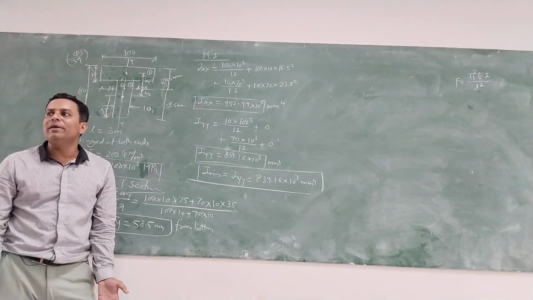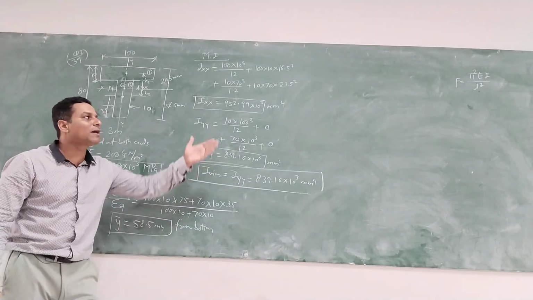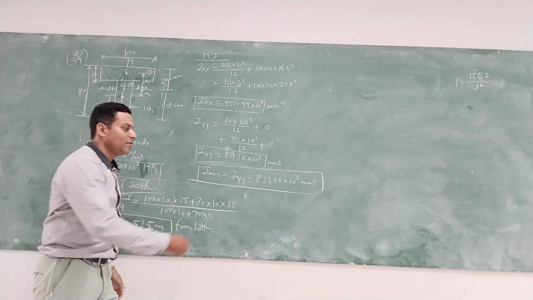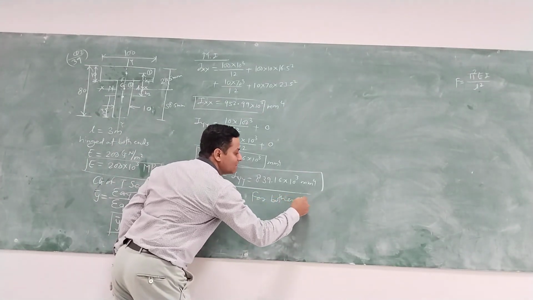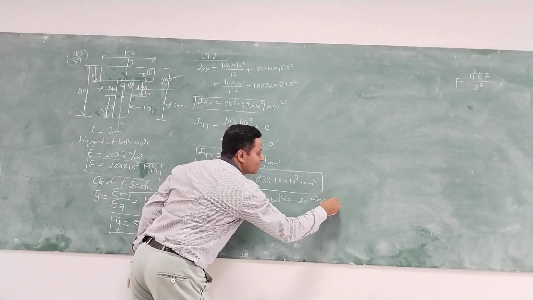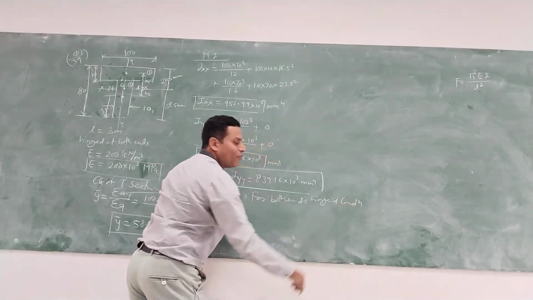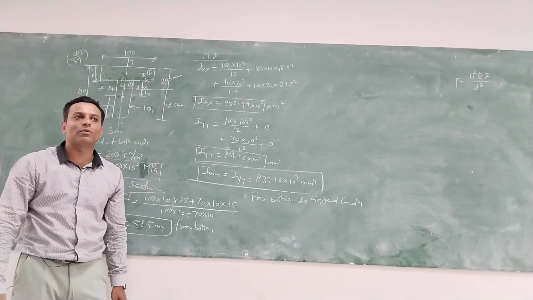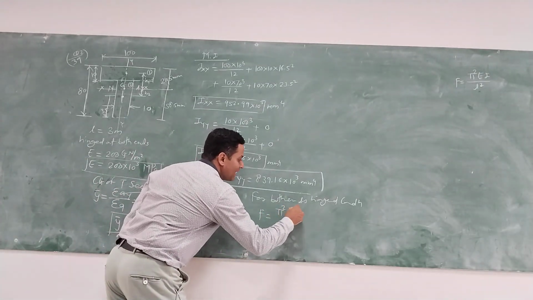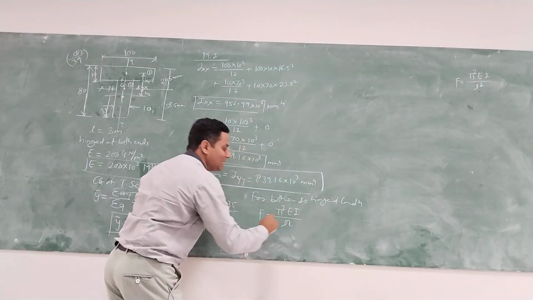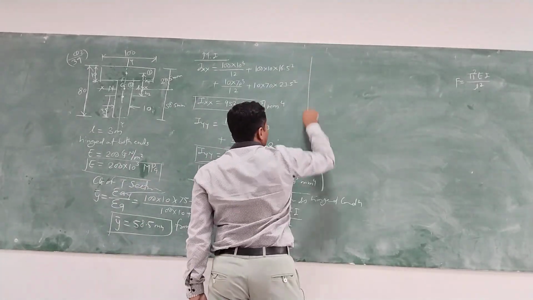Now, after getting I minimum, you have to just put this value into the formula for both ends hinged condition. For both ends hinged condition, what is the formula? F is equal to pi square EI divided by L square. So, I'll put the values.